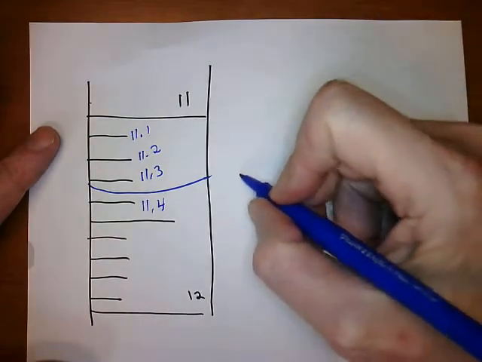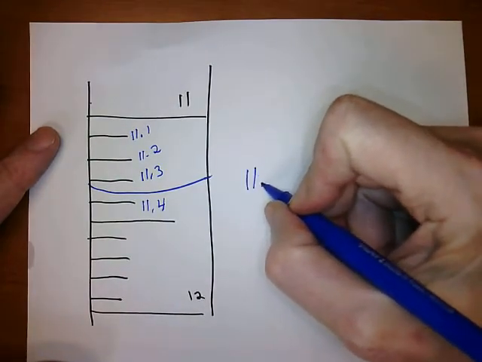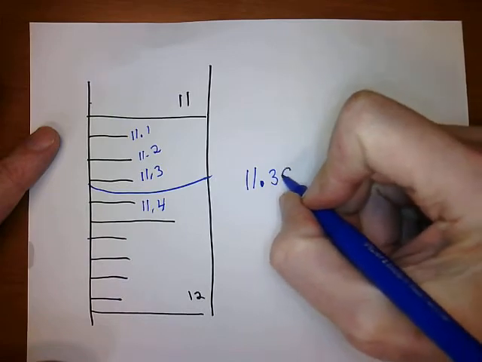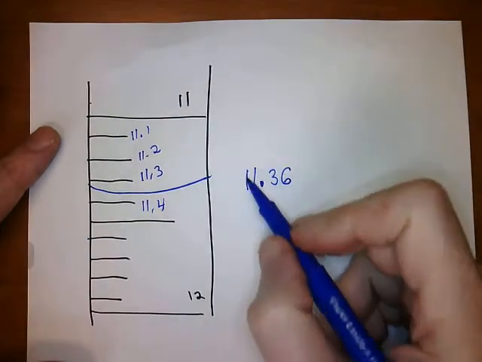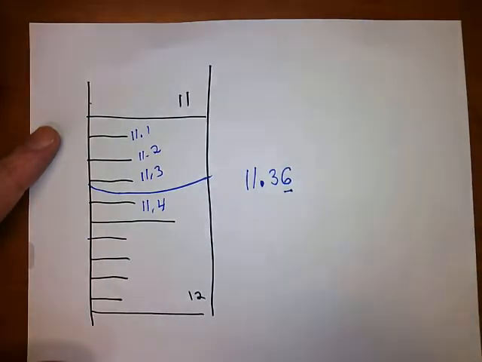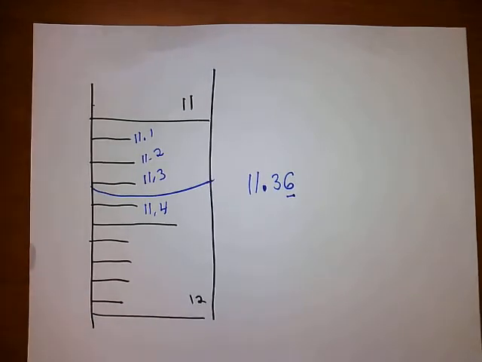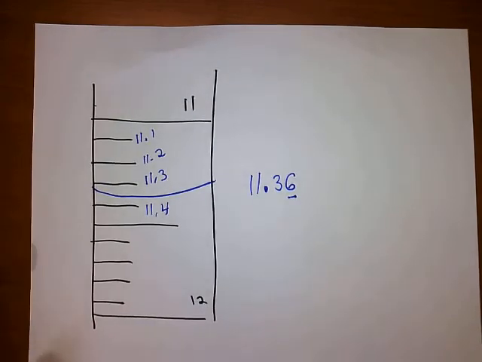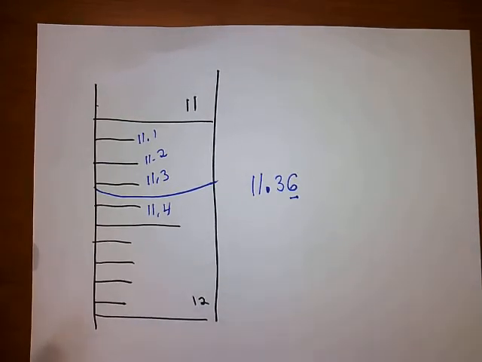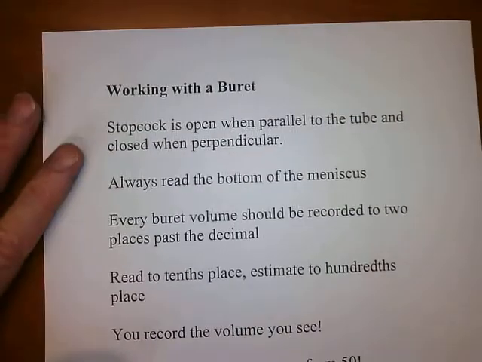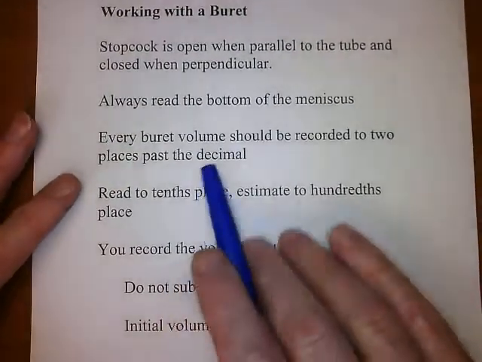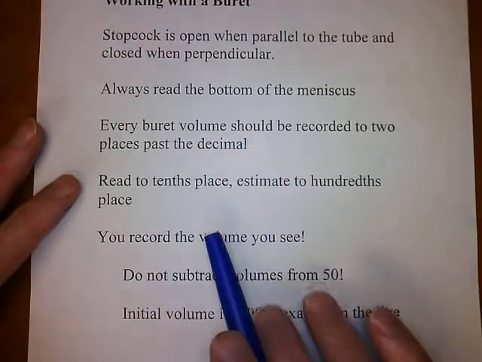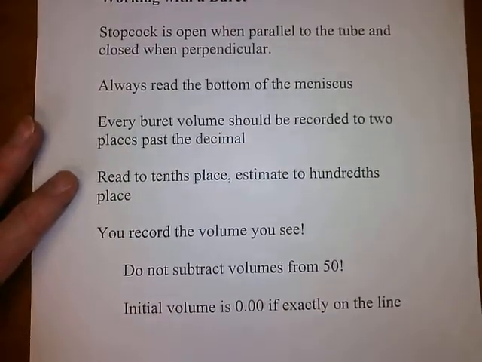So you would read that to, I would say, maybe 11.36. The last digit is an estimate, but it's 2 places past the decimal. So all burette volumes should be read to 2 places past the decimal: read to the tenths, estimate to the hundredths.